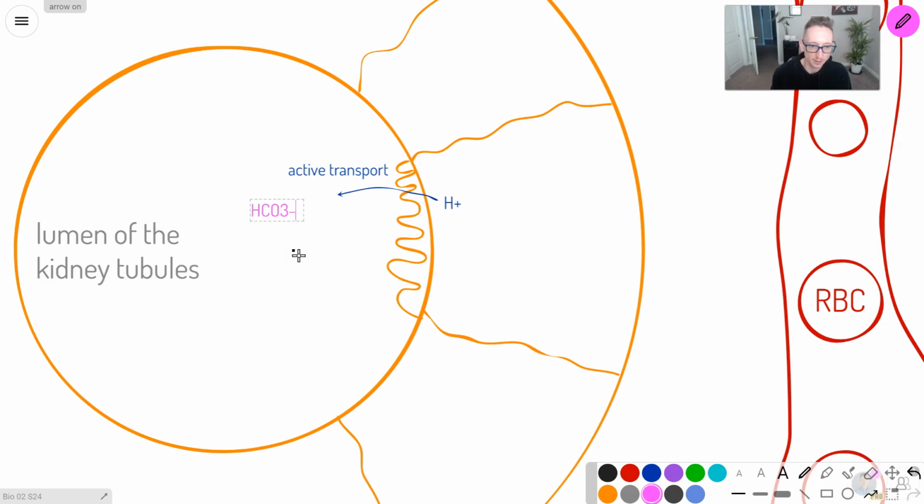HCO3 minus. And that's going to be added on to this. Right, so these are going to come together, now, like so.